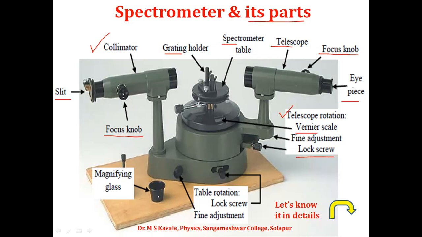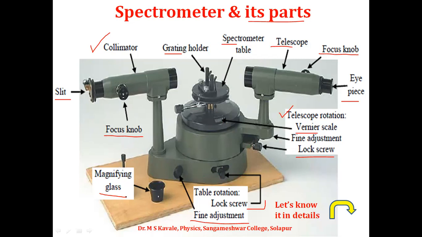The lock screw is for table rotation, and just beside it at the left hand side we have a fine adjustment screw. To observe the reading in the window, we have a magnifying glass which helps us observe the minute details of the reading in case of the vernier scale.